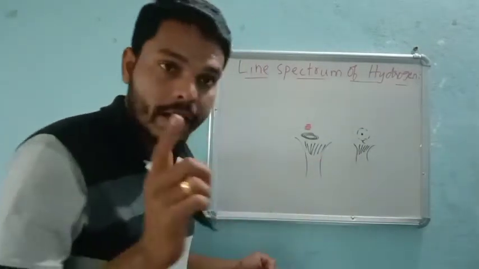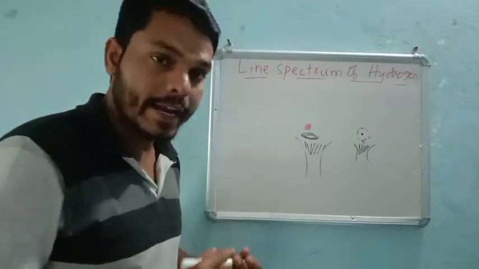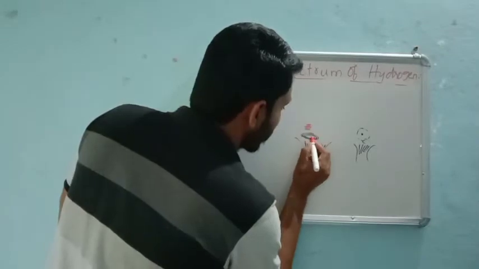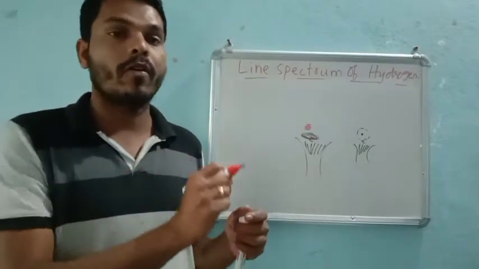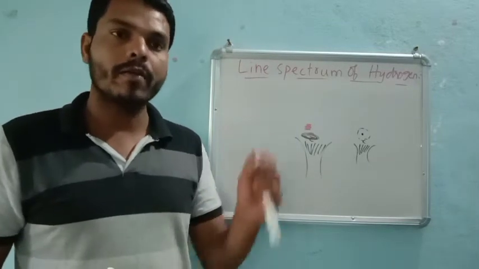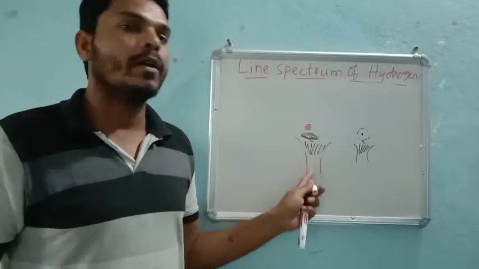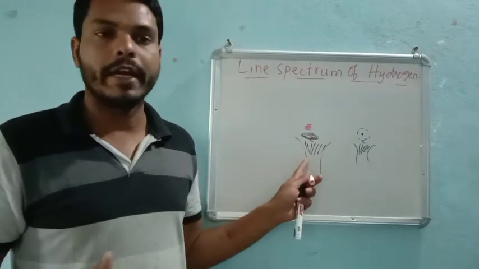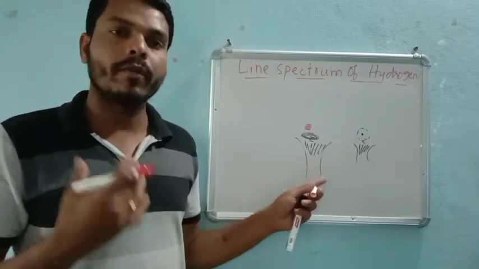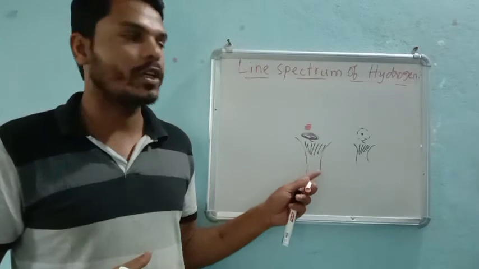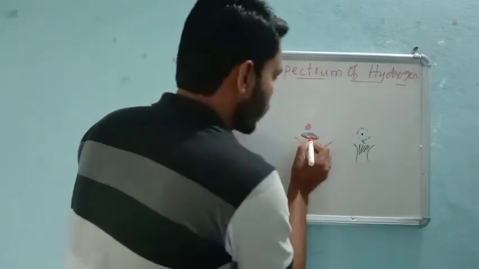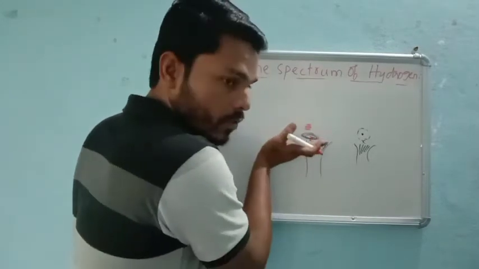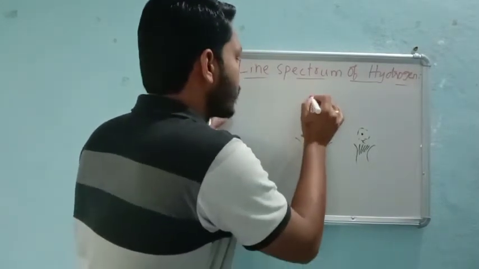So what we are doing, directly or indirectly, is giving extra energy to the electron present in the atom of the matter. Heat is nothing but energy. Whenever we provide extra energy to the electron, then according to Bohr, this is the ground state of the electron, and it jumps somewhere.